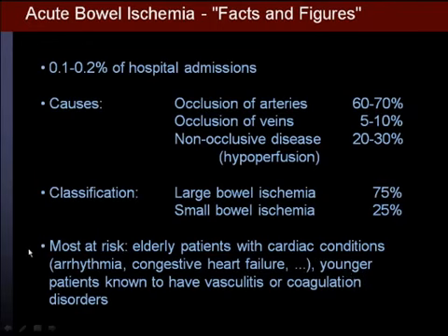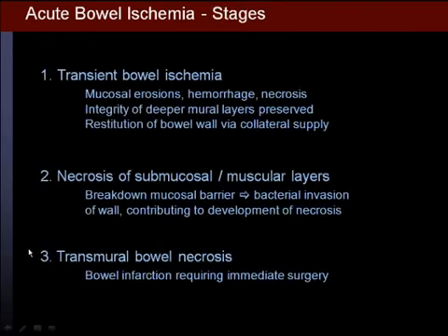Let me just show, and before showing an example, I would make a point on the stages of the various changes in acute bowel ischemia. We have first at the beginning a transient bowel ischemia, which can be followed by necrosis of submucosal and muscular layers, and in the end stage a transmural bowel necrosis may occur.